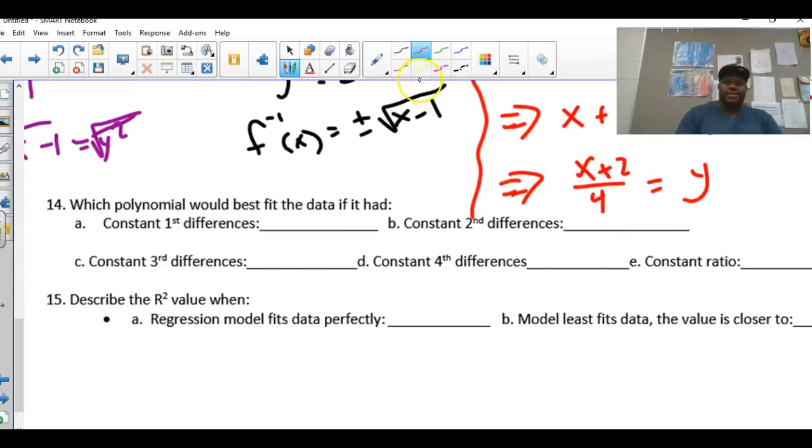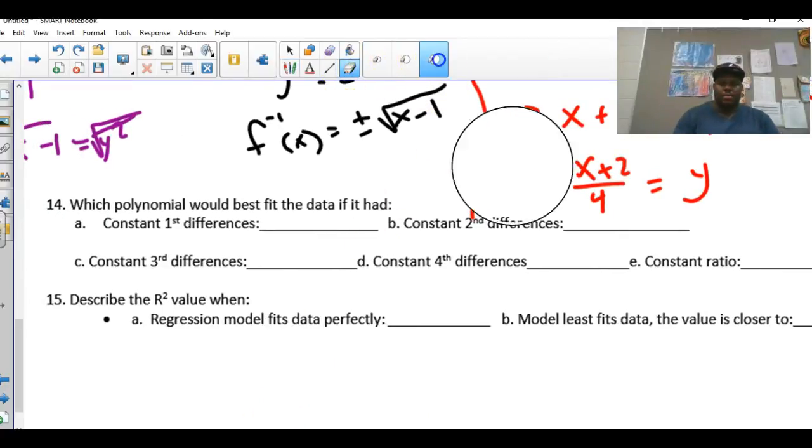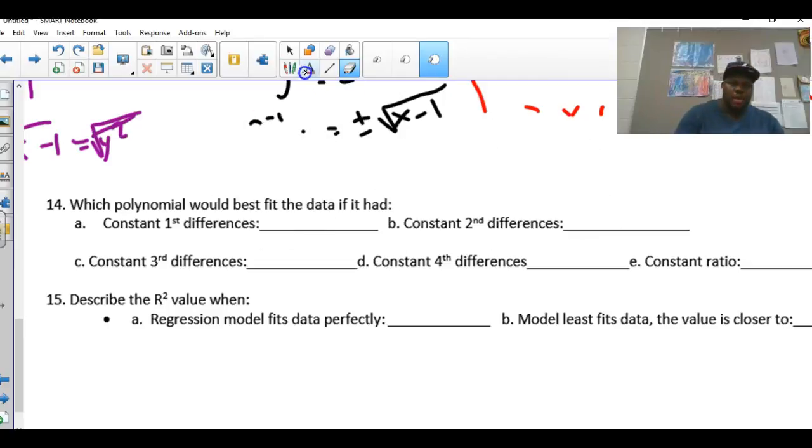Number 14. Let me erase. I don't want any overlap. Number 14 says, which polynomial would best fit the data if it had a constant first difference? That's linear. A constant second difference is quadratic.